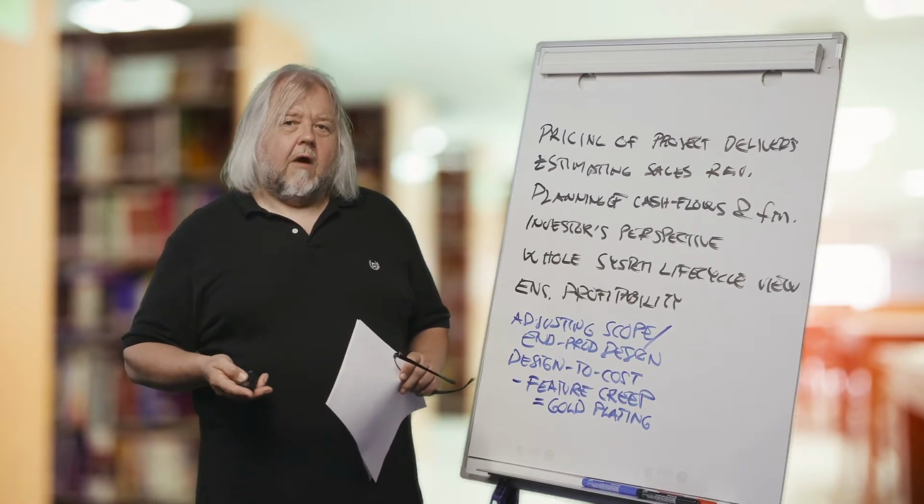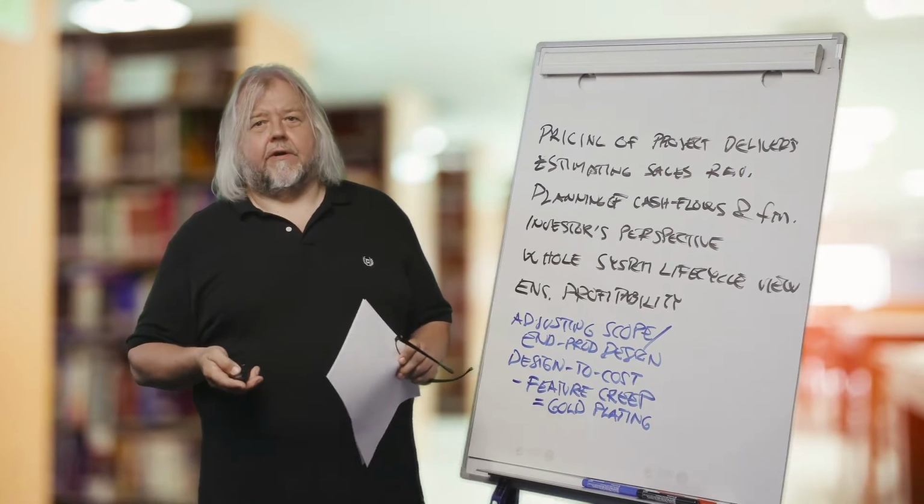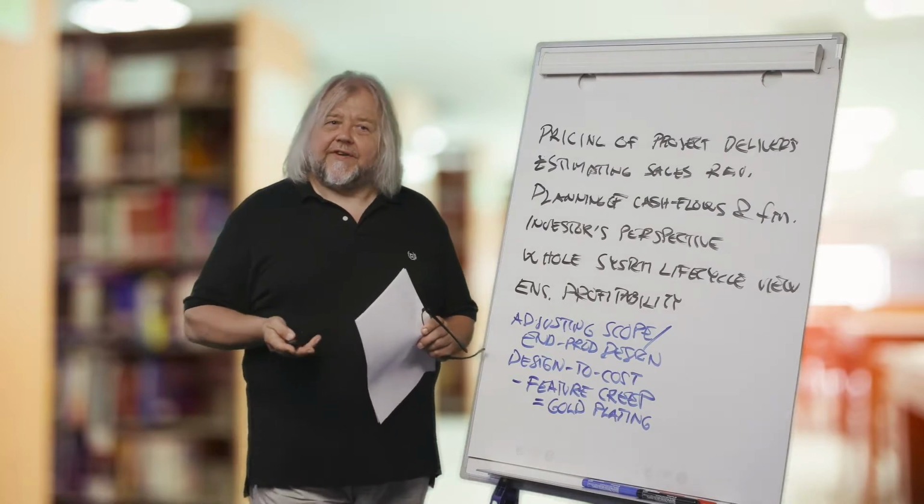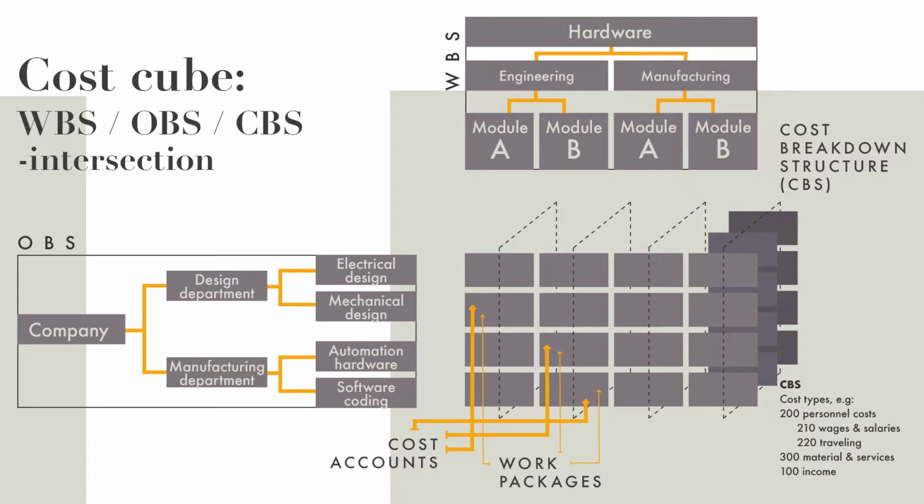Well, now we have a third dimension. And the third dimension is CBS, cost breakdown structure, that has something to do with the accounts of the accounting. So there is a hierarchical structure of cost types, which can be, for example, personnel costs, wages, traveling, then material purchases, service purchases, and income.